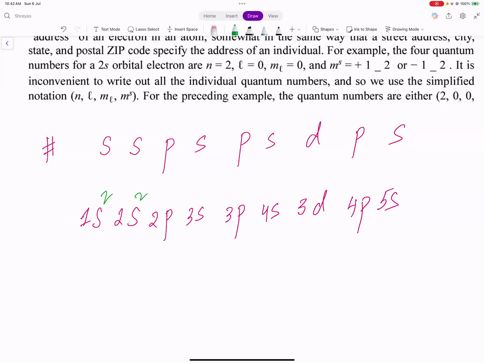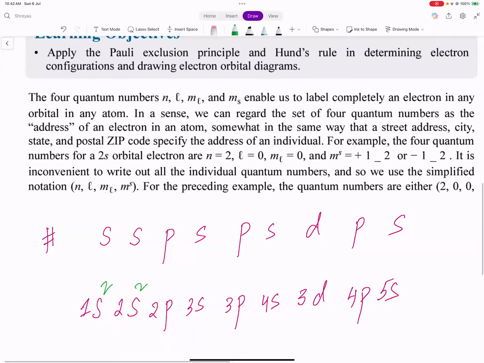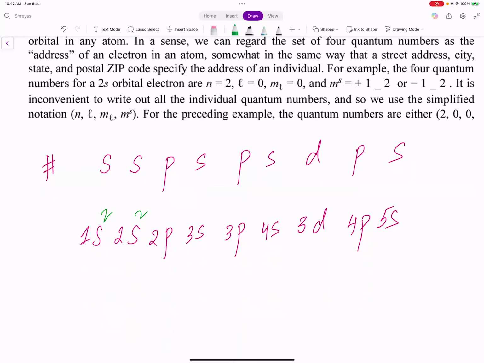So in any orbital only two, but there are three 2p orbitals, so the p subshell will have 6.